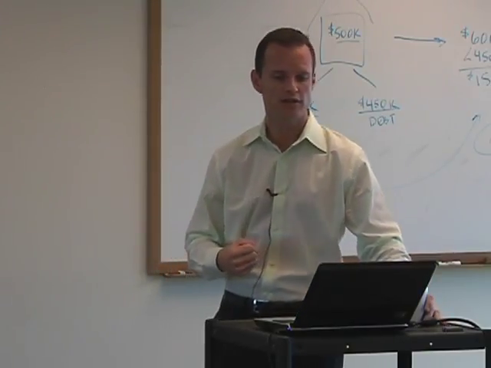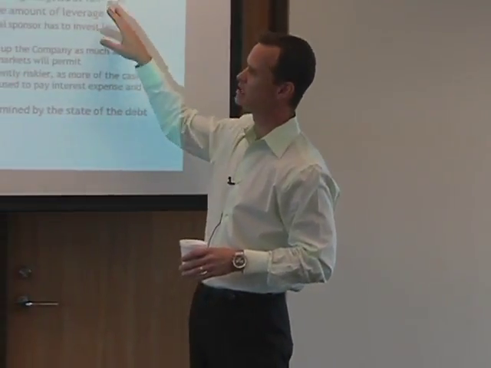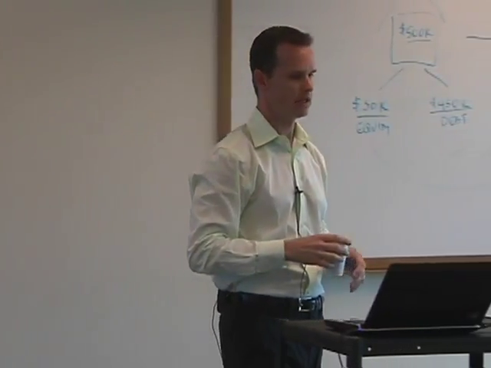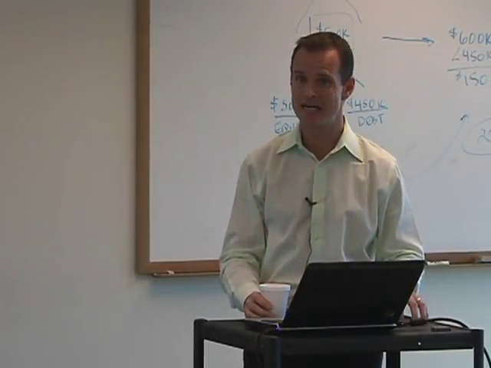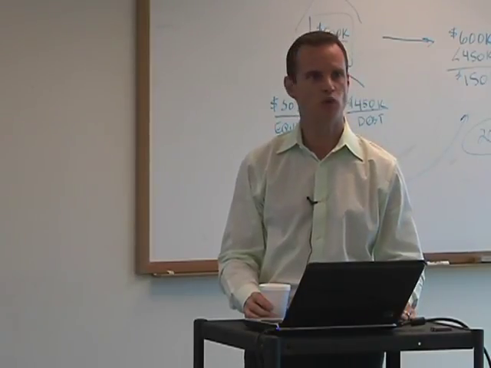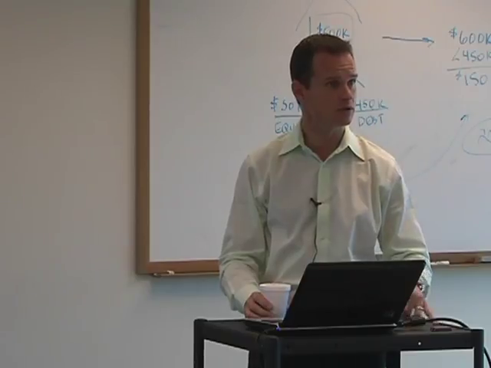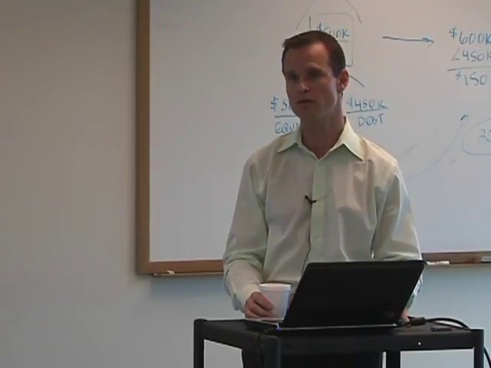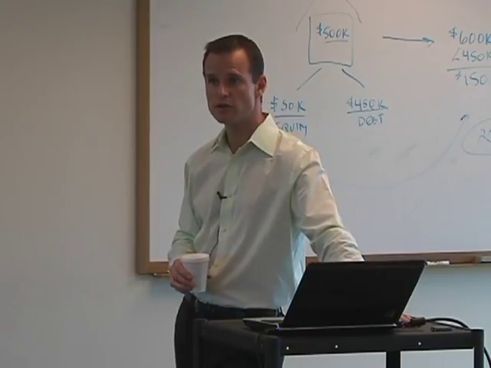So these return hurdles, a lot of times for private equity, 18 to 25% is pretty typical. Real estate private equity, I know this right now because I deal with real estate private equity folks all the time, is typically low 20s, and a lot of the time they're going to want to see cash on cash returns in the high single digits, low double digits. So pretty aggressive return assumptions.